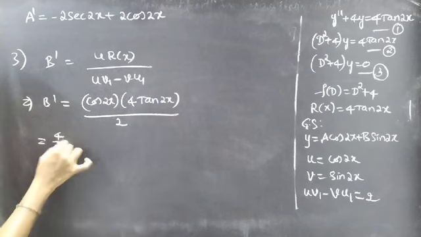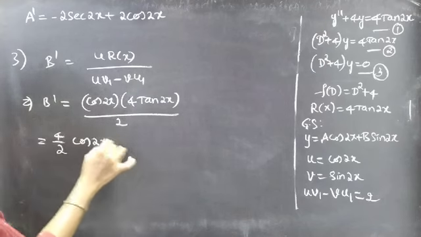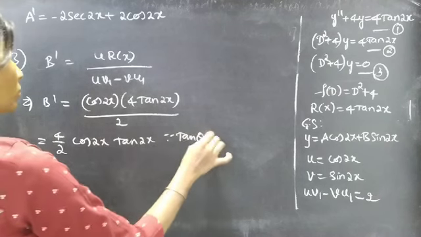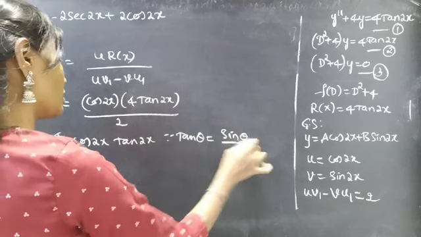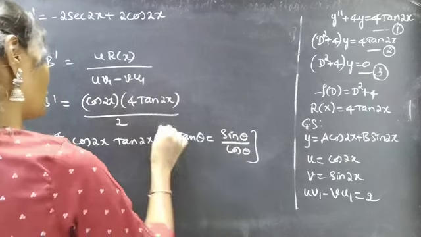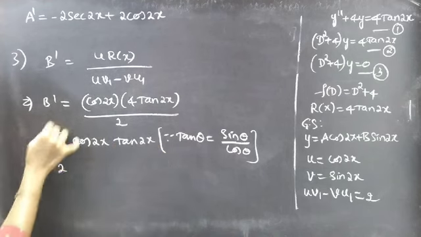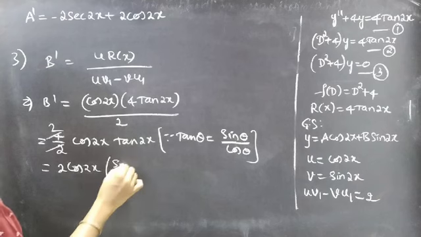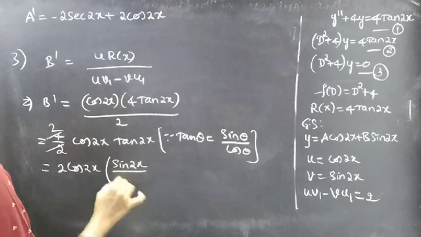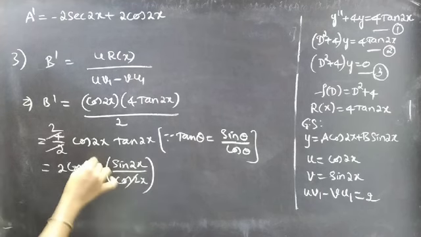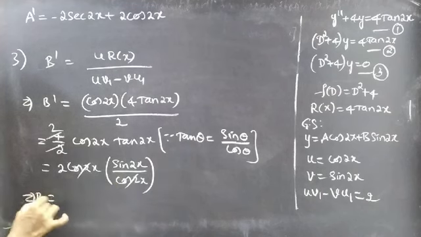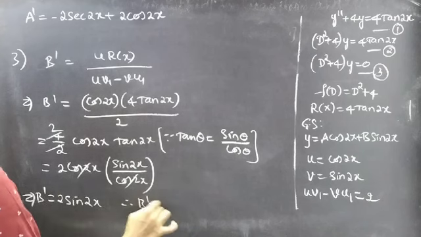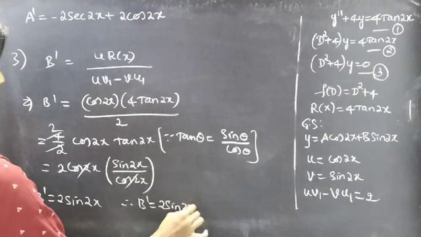This equals 4 by 2 into cos 2x into tan 2x, since tan theta equals sin theta by cos theta. This gives 2 cos 2x into, we can write tan 2x as sin 2x by cos 2x. The cos 2x cancels and we get b dash equals 2 sin 2x. Therefore, b dash equals 2 sin 2x.